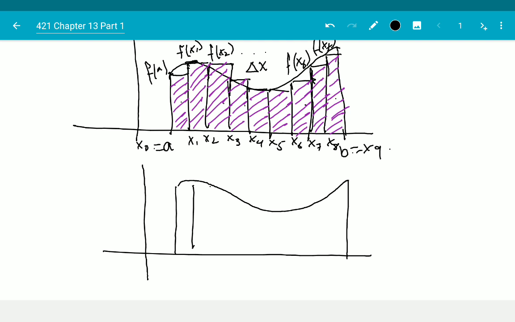So 1, 2, 3, 4, 5, 6, 7, 8. Right? Then I could have looked at the heights from the right hand side and constructed columns from these instead of the left hand side, right? And that's going to give me a different estimate.